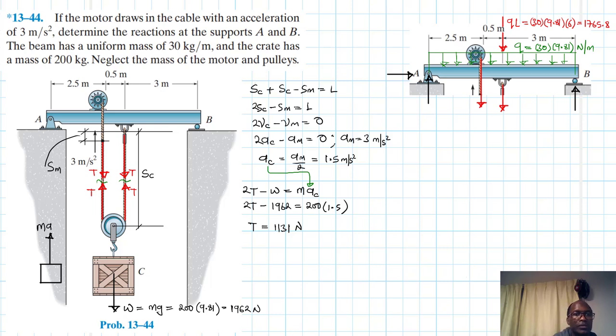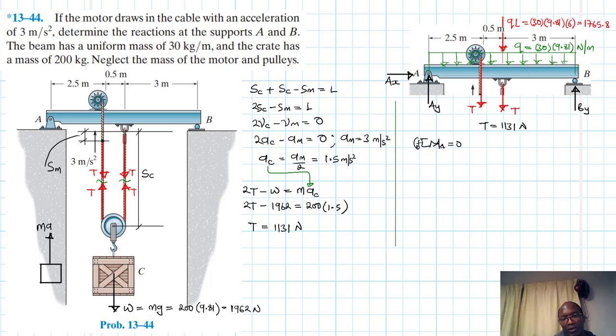So we have AY, we have AX, we have BY. This is T, this is T. Do we have everything? And then we know that our T is just equal to 1131 newtons.